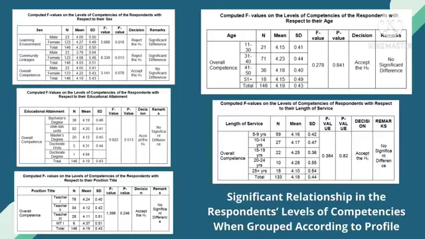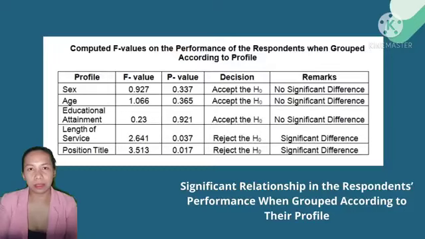Findings imply that the gender of the respondents affects their perception of their competencies. A significant relationship on the respondents' performance when grouped according to their profile: this test rejected the null hypothesis for the significant correlation on the respondents' performance with respect to social regard for learning, learning environment, diversity of learners, curriculum, and personal growth and professional development. The findings indicate that teacher performance often exceeds expectations but is not consistent.